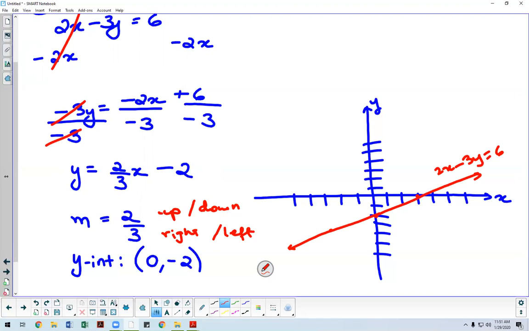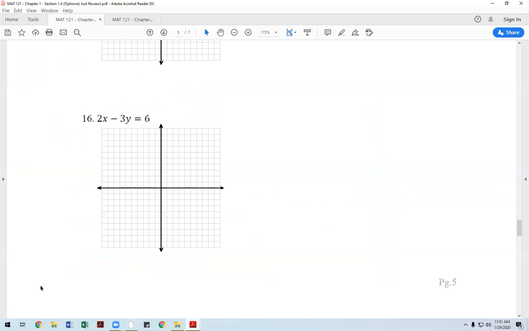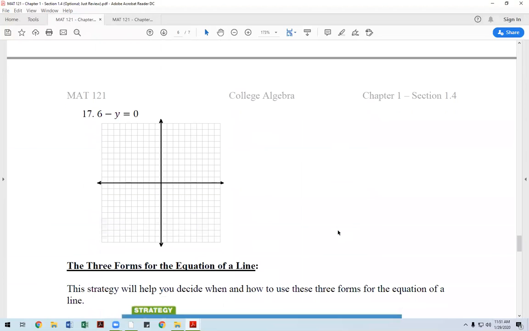Anybody have questions on that? Number 16. What are you going to do for number 17? 6 minus y equals 0.